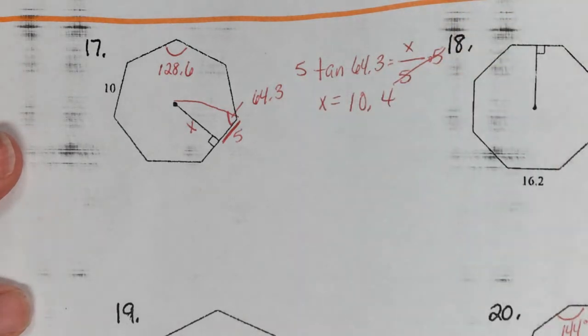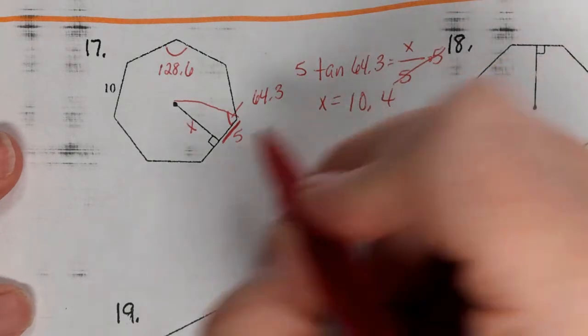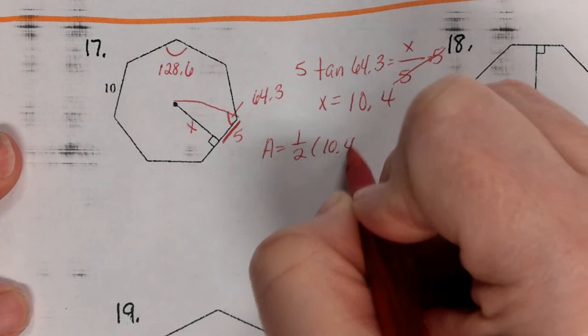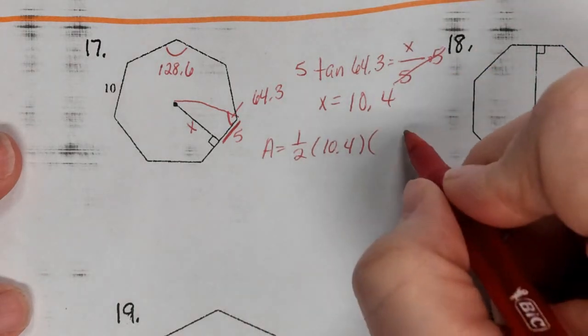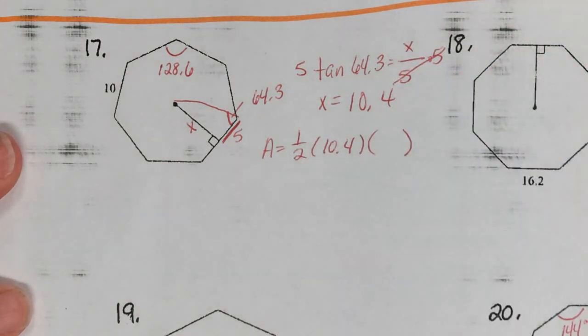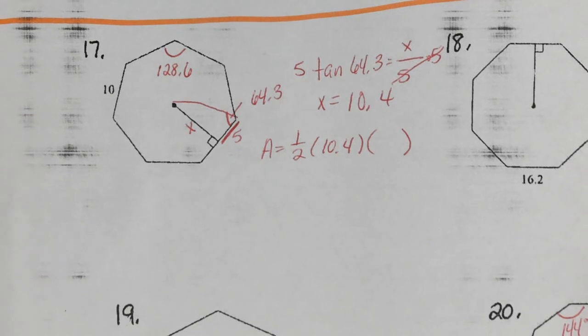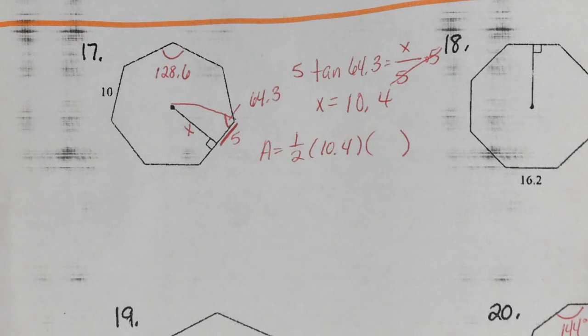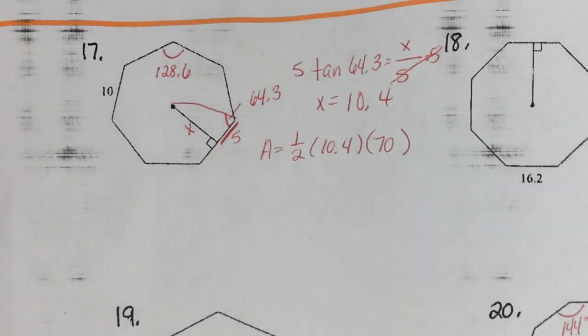Just leave that in your calculator though. So that's the apothem. When we do our area formula, half AP, what's our perimeter? Remember, the formula is half AP every time, or half PA. It doesn't matter. Sometimes you'll see it written AP and sometimes PA. But the perimeter is just every side added up, and they're all 10, and there's 7 of them.